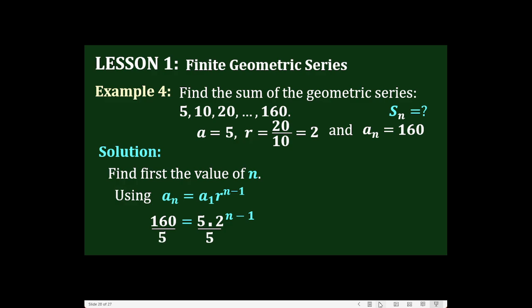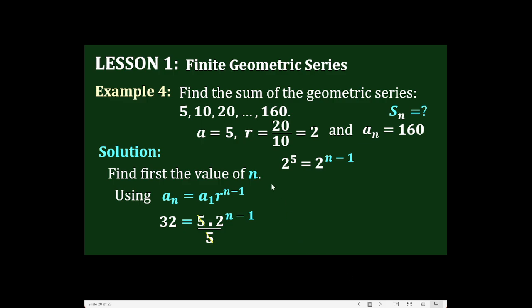And 160 over 5 is actually 32, and we can cancel 5 here. So what will remain on the right side is simply 2 to the n minus 1. And you will notice that 32 is a power of base 2, so we can replace this by 2 to the 5th.